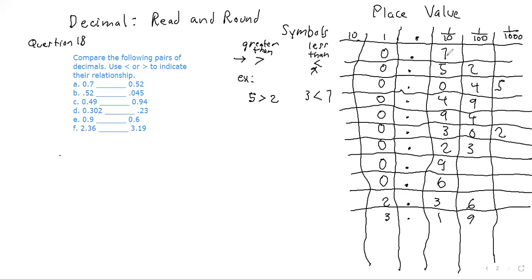Remembering that the place value of the digit gets multiplied by the digit, and that gives you the value of the number, right?